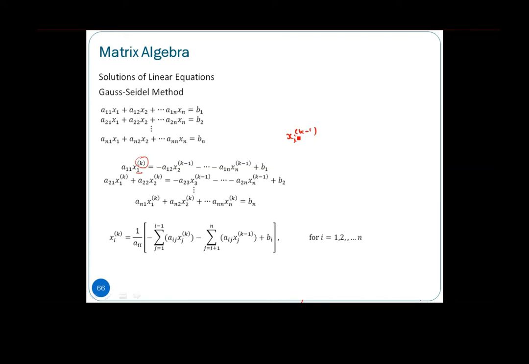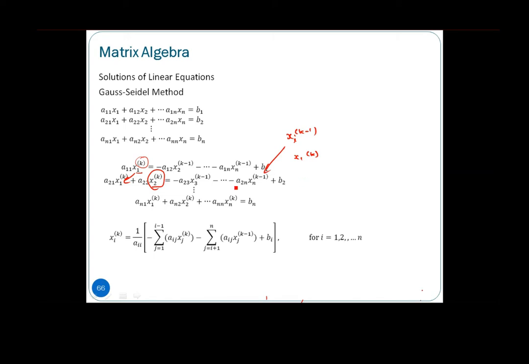So you use all the initial values to calculate x1 for the first iteration. Then to calculate x2 of that iteration, you have already calculated x1, so you use this x1 here. For the rest, x3, x4 until xn, you do not have the updated value of the iteration, so you use back the k minus 1 value.